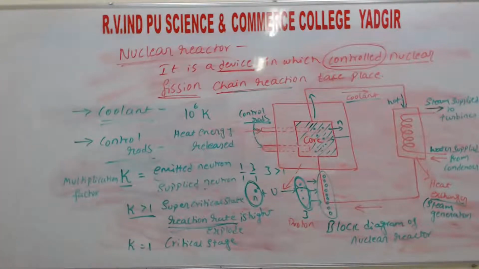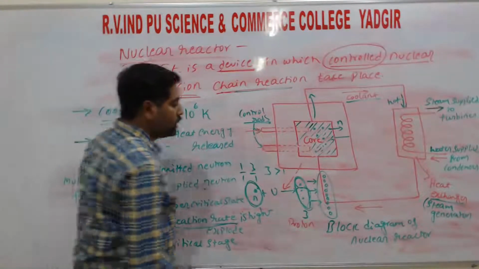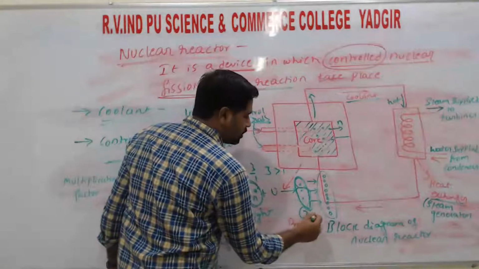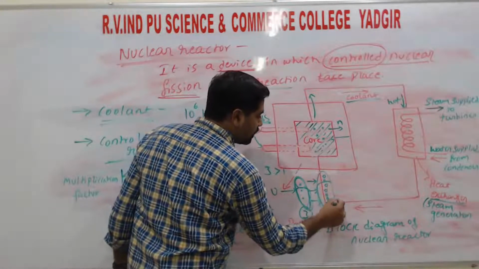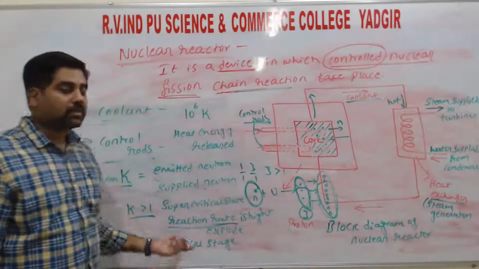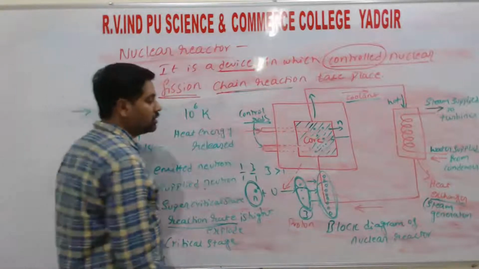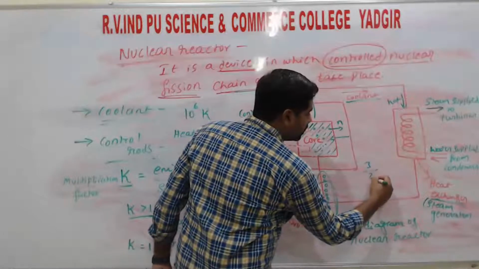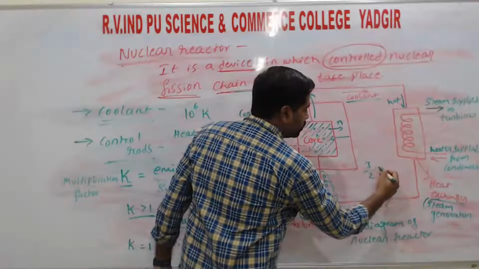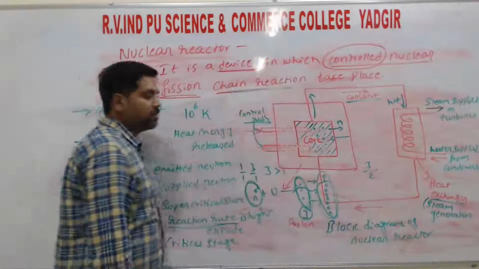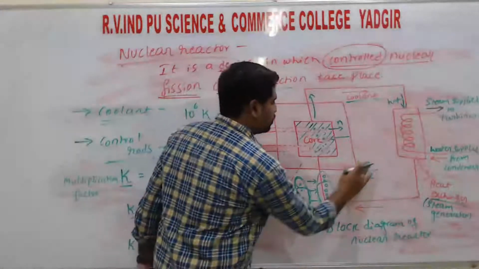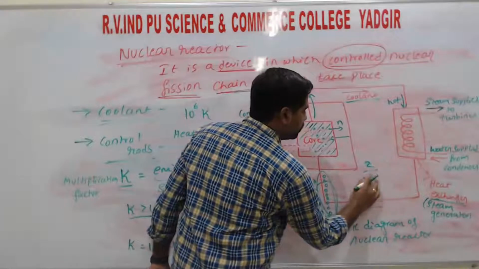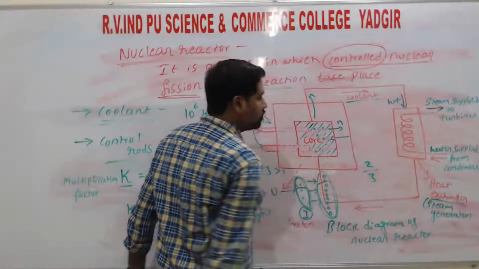Now observe, here we are supplying 3 neutrons. From these 3 neutrons we are observing almost 2 neutrons. That means the supplied neutron is 3 and the emitted neutron is 2, right? So this value is less. Emitted neutrons is 2, supplied neutrons is 3.